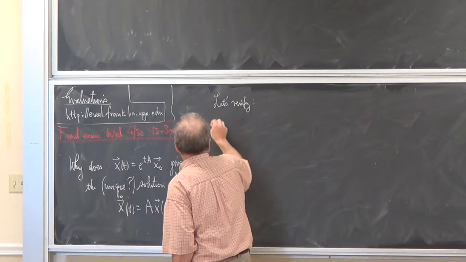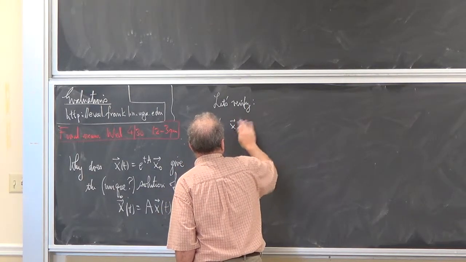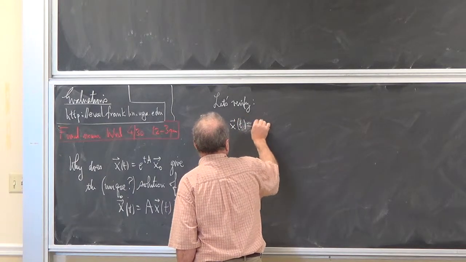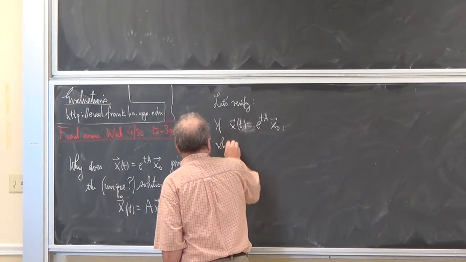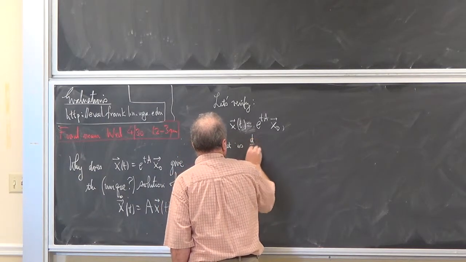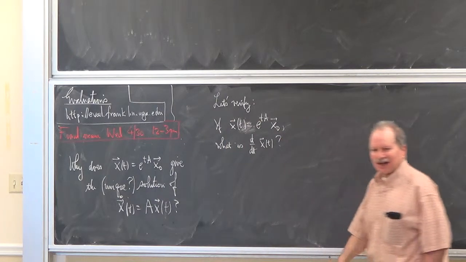If x of t is e to the tA x naught, what is the derivative with respect to t? So I'm going to emphasize that now by writing it in classical style for a minute.